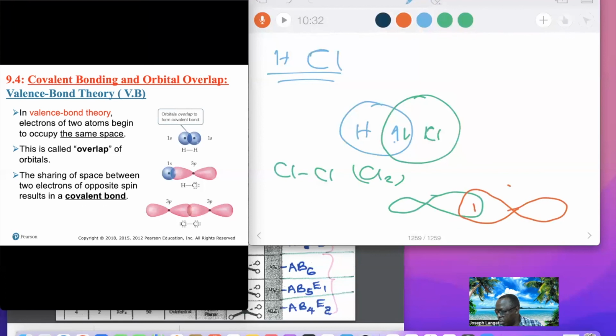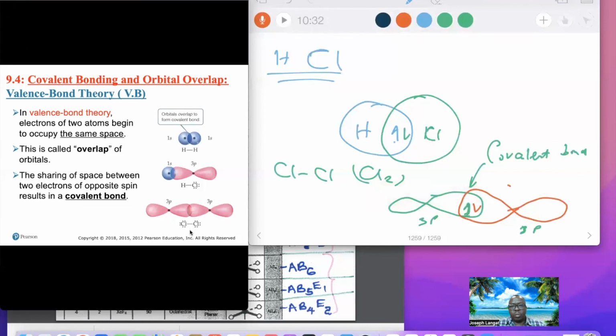So that the shared electrons form a covalent bond, there is overlap. And in this case, the 3p, which is the outermost shell for chlorine gas.